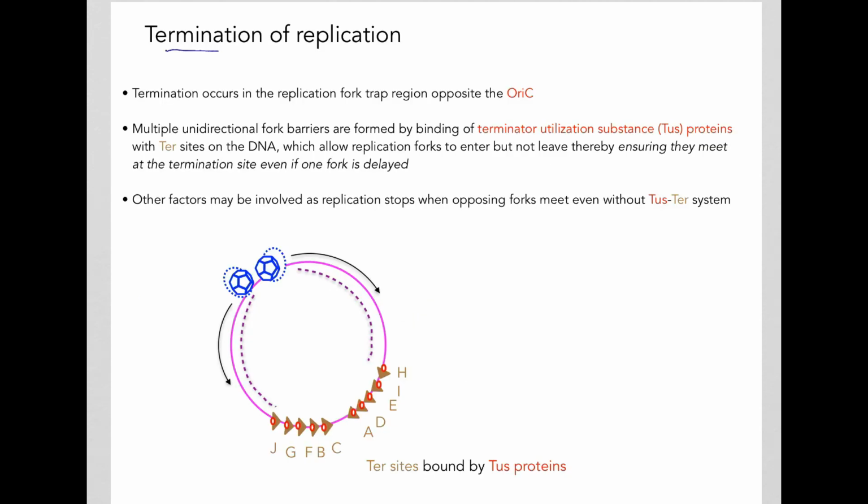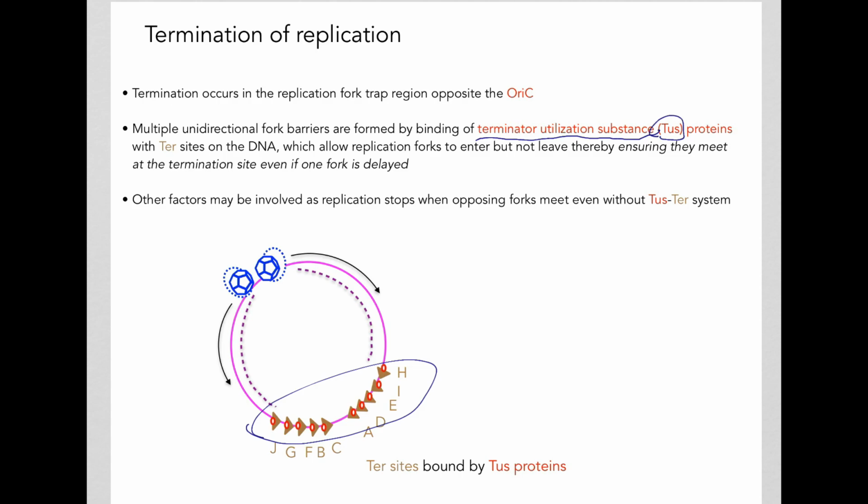How is DNA replication terminated? Termination occurs in the replication fork trap region, which is opposite the origin of replication. In this replication fork trap region, this part here, we see these proteins called terminator utilization substance, or TUS proteins.